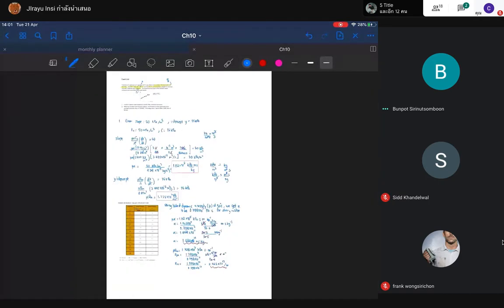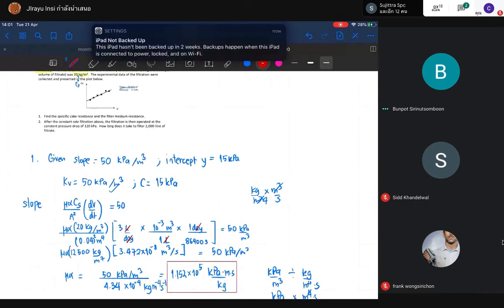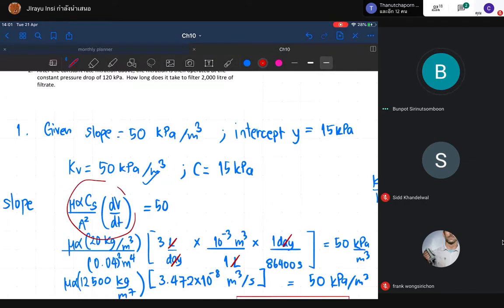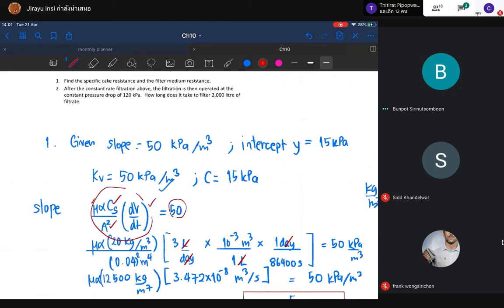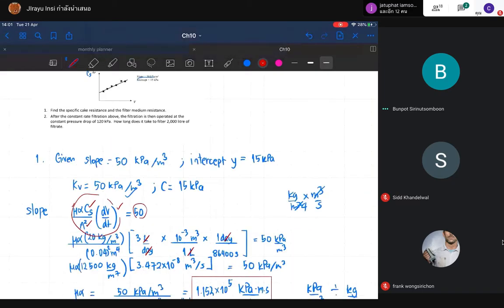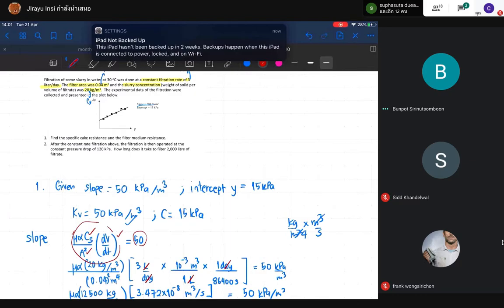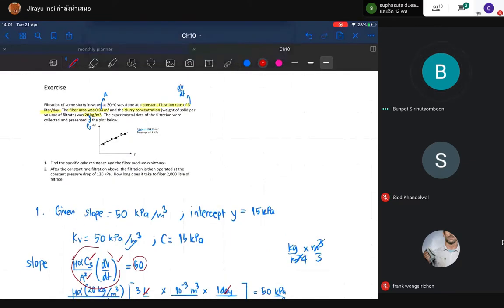We are given the kV value, and the formula of kV we have already. So we just substitute the values of mu, Cs, A squared, and dV over dt, which is given, and we equate it to 50 over here. But the constant filtration rate, dV by dt, is given in liters per day.